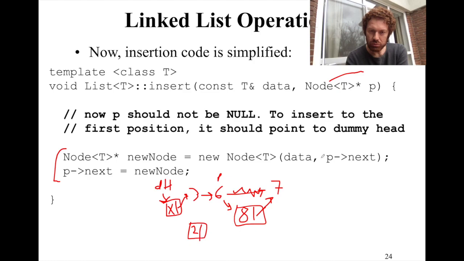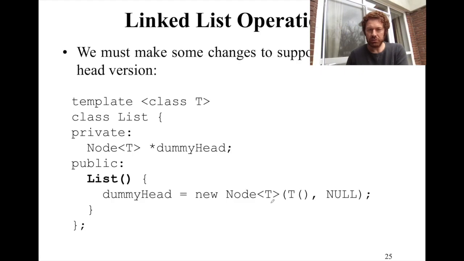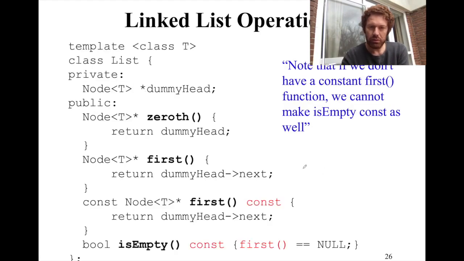So the next of 2 will be that, and dummy head dot next is not going to be equal to 3, but I will update it to 2. See, the same code does the first node insertion as well as intermediate node insertion. That is the trick, actually. So we will stick with that formation from now on. Again, if you want the zeroth node, you will be getting the dummy head, which will never be null.